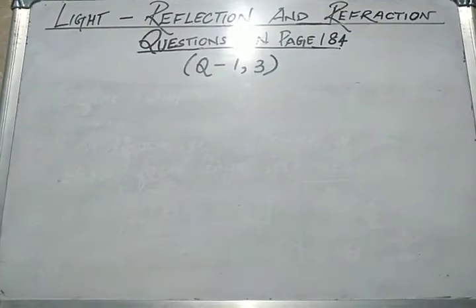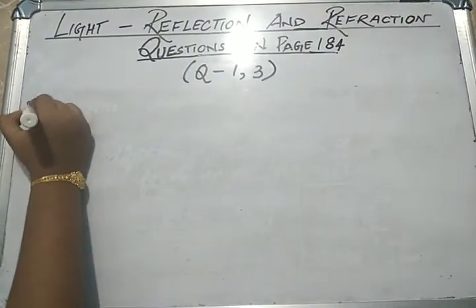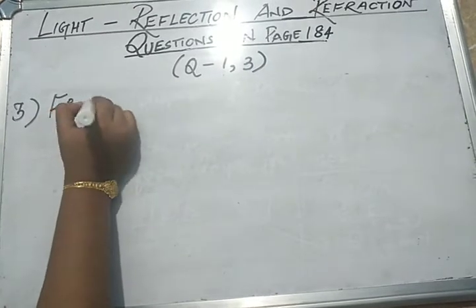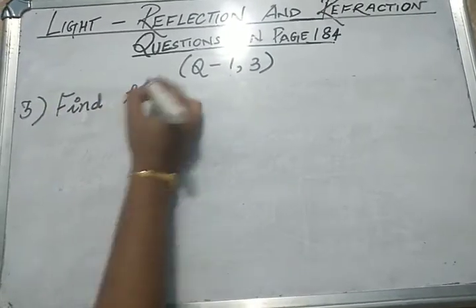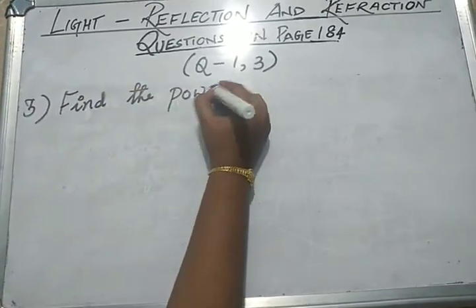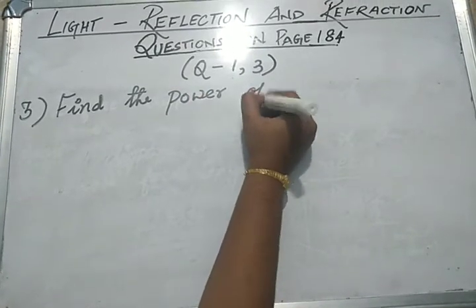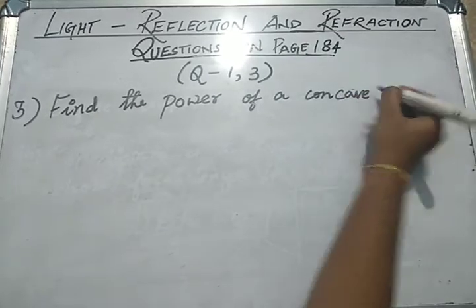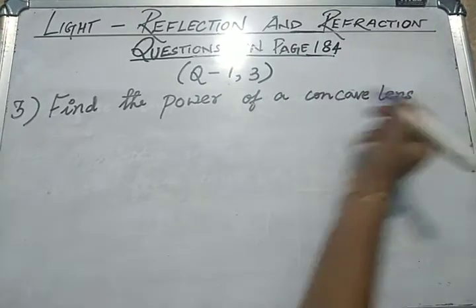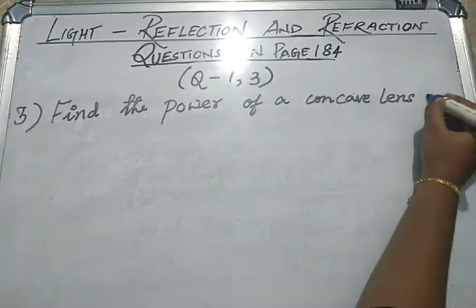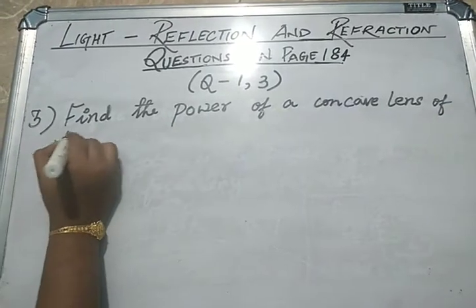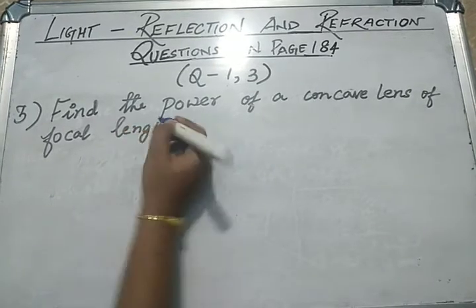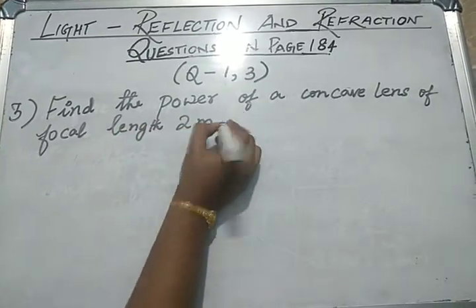The question is, find the power of a concave lens of focal length 2 meter.